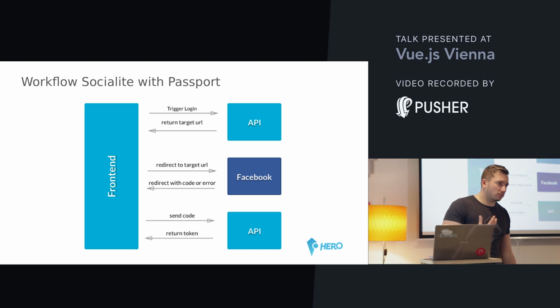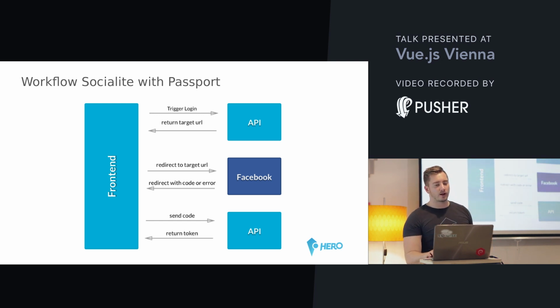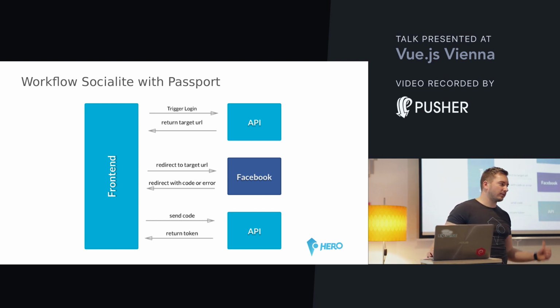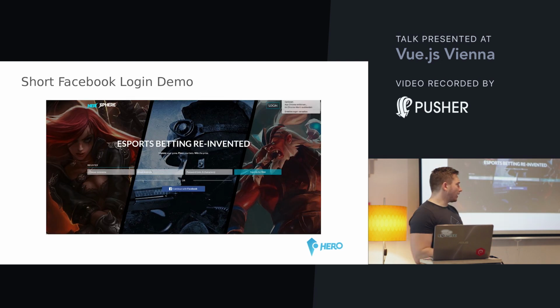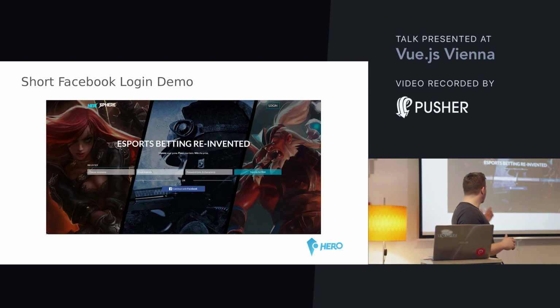It's simple when you know how to do it, but we needed to think about it, and there's not a lot of source on the internet about this. Just again, a short video of how it looks currently at our login page.